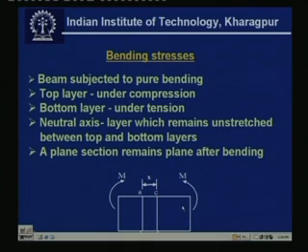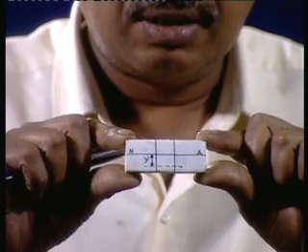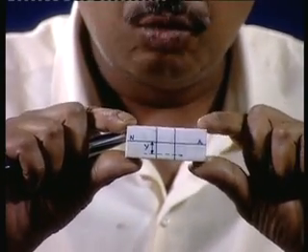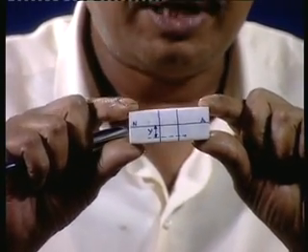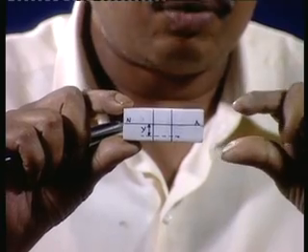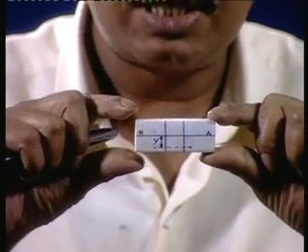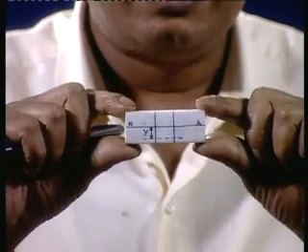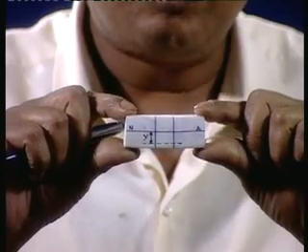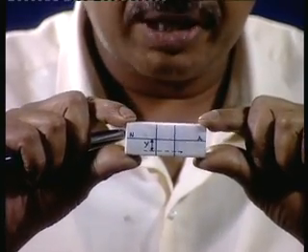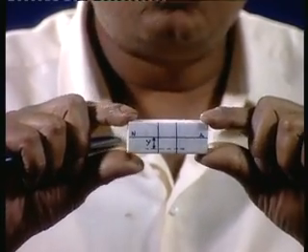Now, I will show you with the help of one small rubber model how bending takes place. This is a simple rubber which you can consider to be a beam segment, and my two hands, one on this side and another on this side, are applying an approximately uniform, equal bending moment at the two ends.